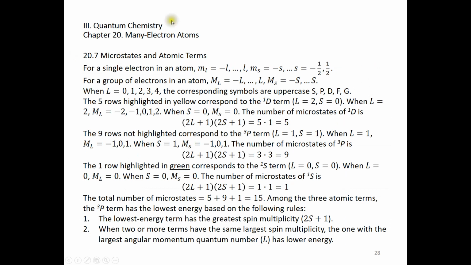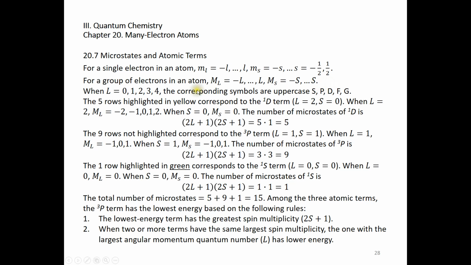So for a single electron in an atom, we know m sub l is from negative l to l, m sub s is from negative s to s. Alright, and because s, the lowercase s, can only be 1/2, so m sub s can only be negative 1/2 or positive 1/2. Now, when we look at atomic terms, for a group of electrons, we have the same rule, but different notation.